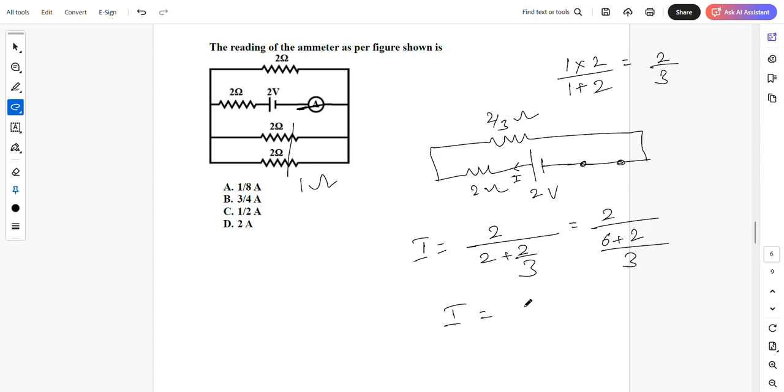I is equal to 2 into 3 divided by 8, so 3 by 4 amperes of current will be flowing in this ammeter. 3 by 4 is the right answer.